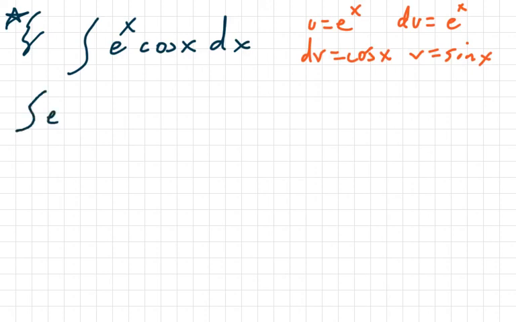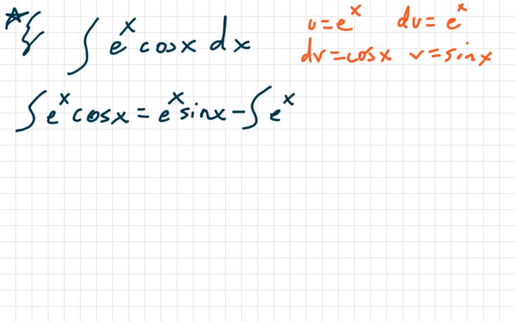We got the integral of our u dv is equal to our u times our v, so e to the x sine x, minus the integral of v du, and here again I see an integral product of two factors. It doesn't look like anything's gotten any easier here. So we're going to end up doing by parts again here.